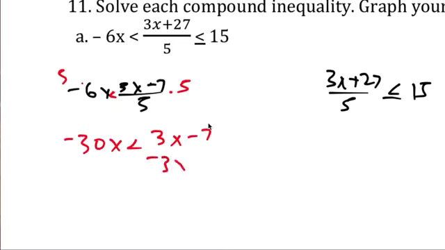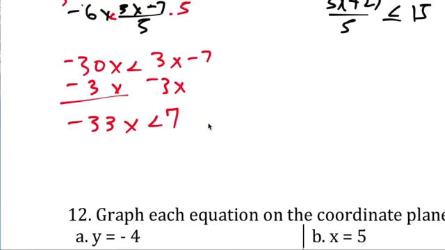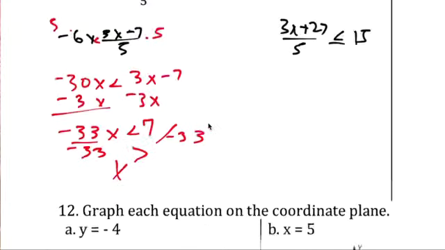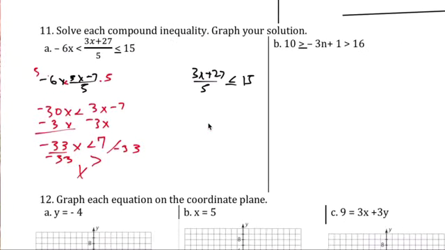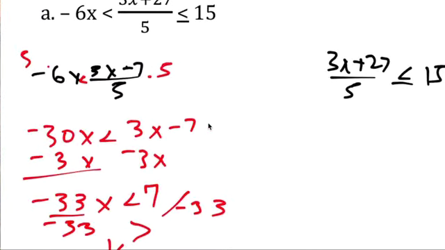Let's subtract 3x, negative 33x. Switch the inequality because you divide by negative 33. Wow, oh, it's 27. I knew I did something wrong. 27.